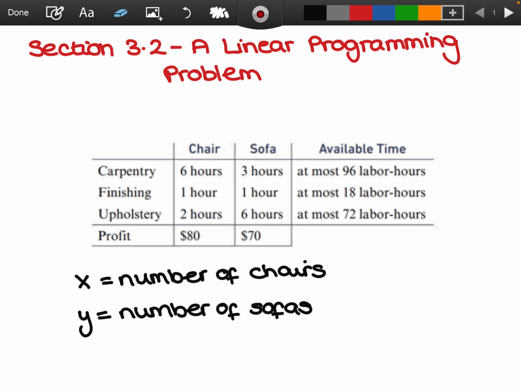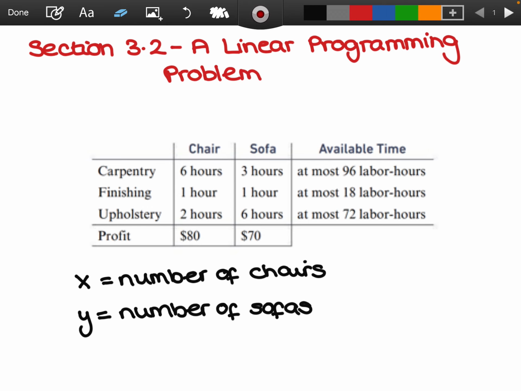It gives you exactly what is needed by this furniture manufacturer in order to create chairs and sofas. It tells you how many hours of carpentry, finishing and upholstery it takes to create a chair and also a sofa. We see it takes 6 hours of carpentry, an hour of finishing and 2 hours of upholstery to create a chair.